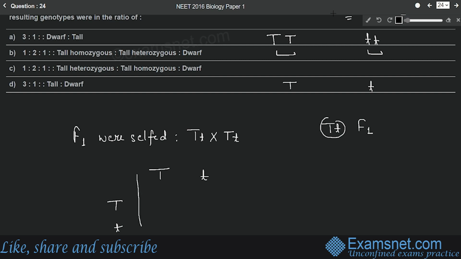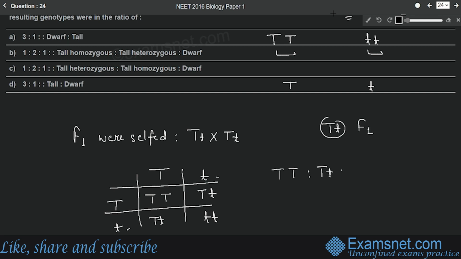So this way we'll see what are the genotypes of the F2 progeny. Here we get capital T capital T, here we get capital T small t, here we get capital T small t, and here small t small t. So the ratio of capital T capital T, then capital T small t and small t small t is 1 is to 2 is to 1. Okay, because we have one capital T capital T, two capital T small t, and only one small t small t, right?